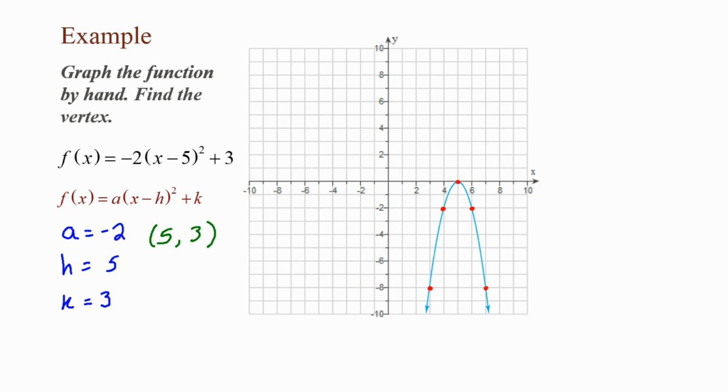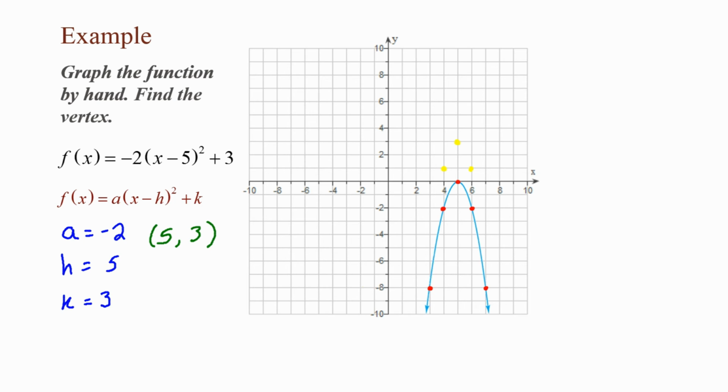Now looking at the k, it's going to move up by 3. So instead of 5, 0, it's 5, 3, which is what we found to be our vertex. Instead of 6, -2, it's 6, 1. Instead of 4, -2, it's 4, 1.